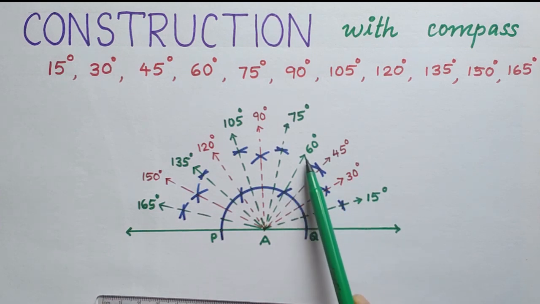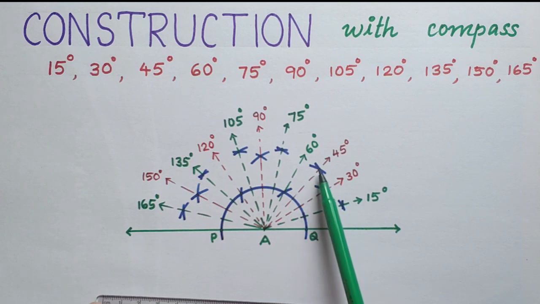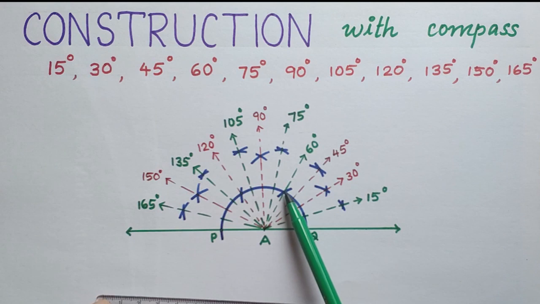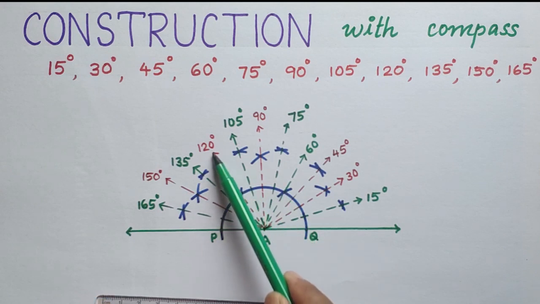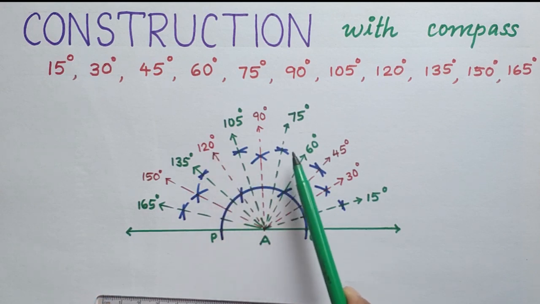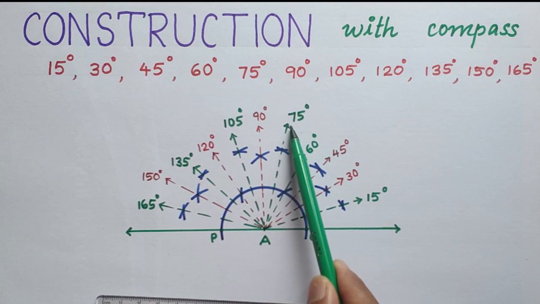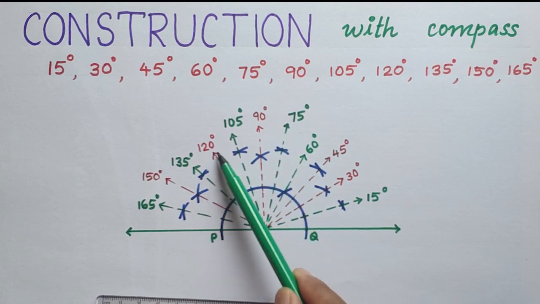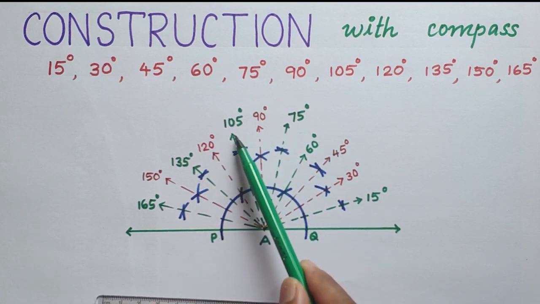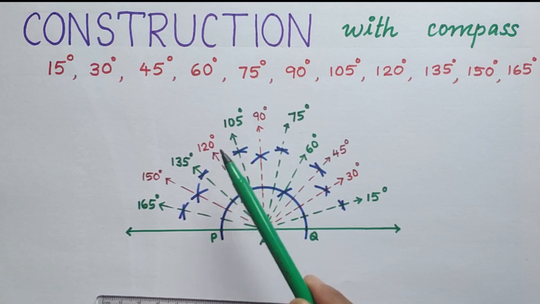Then in between 60 and 30, after bisecting we will get 45 degree. Then construct one more 60, that means we will get 120. In between 120 and 60, after bisecting we will get 90. Then in between 90 and 60, after bisecting we will get 75. In between 120 and 90, after bisecting we will get 105.